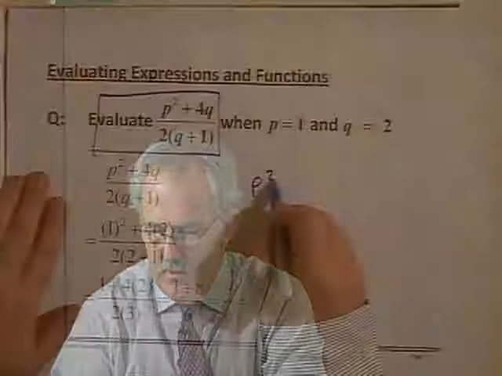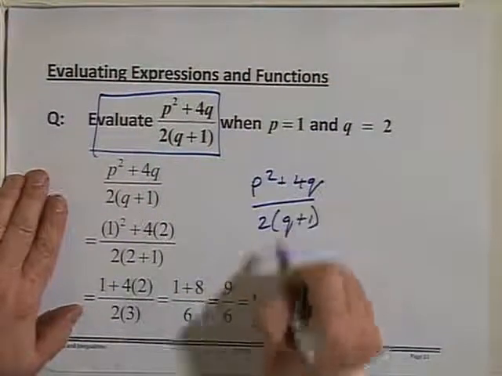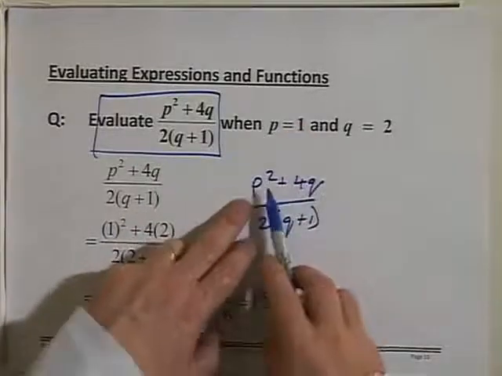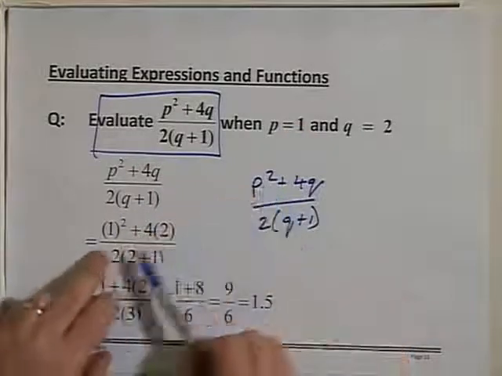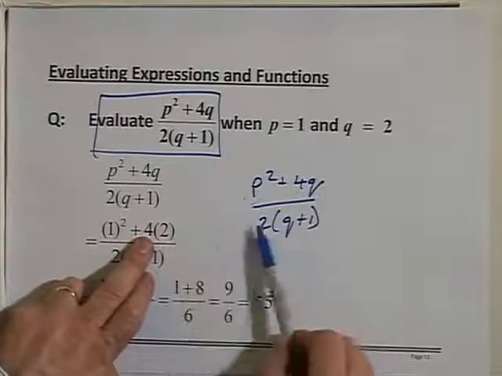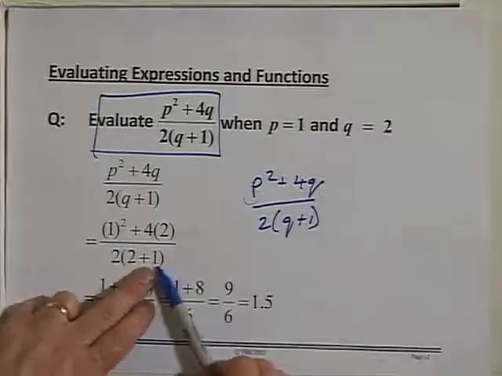So let's go back to the question we're given. P squared plus 4q over 2 into q plus 1. P is 1, q is 2. So we start now with p squared is 1 squared. 4q is 4 times 2. 2 times into q plus 1, 2 plus 1.